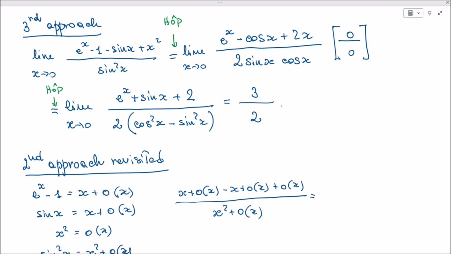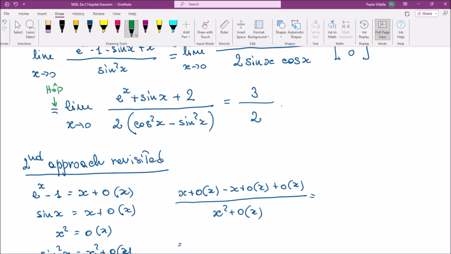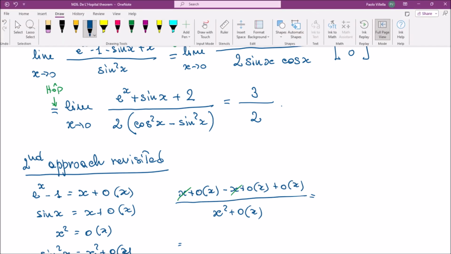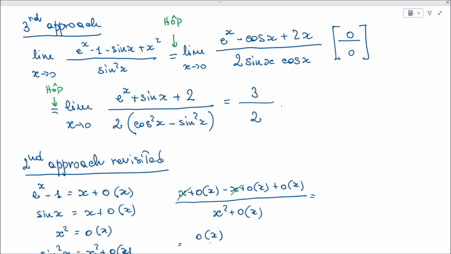But x and minus x can be simplified, so we get little o of x at the numerator divided by x squared plus little o of x.